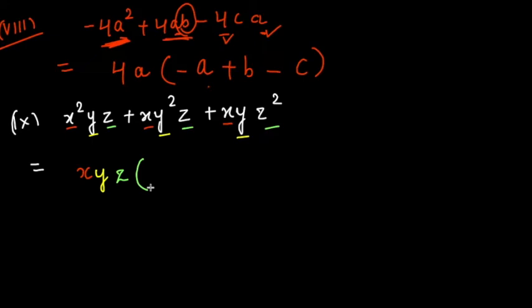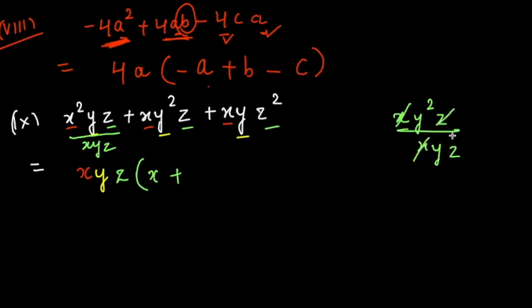Now inside the bracket, if you have taken xyz common, you are dividing each term by xyz. Taking common means you are dividing it. So what are you left with? y is cancelled, z is cancelled and x square upon x gives you x. Again you see xy square z upon xyz. That's the meaning of taking common.